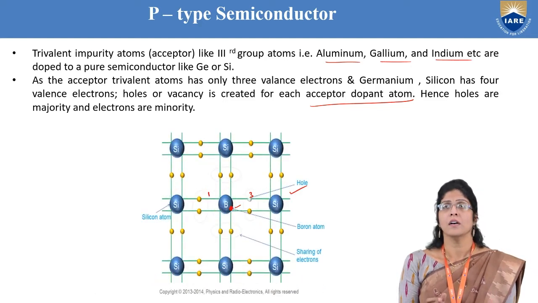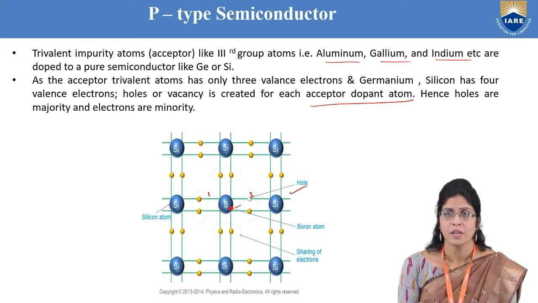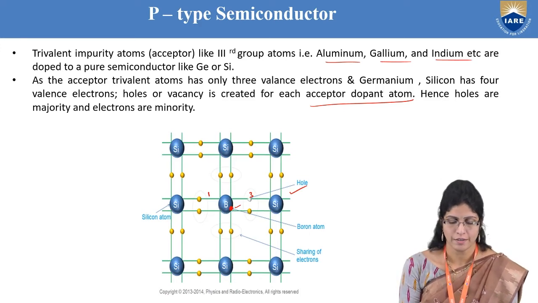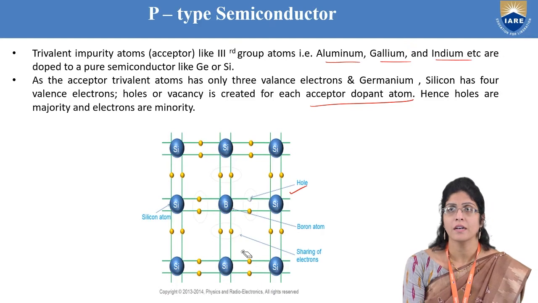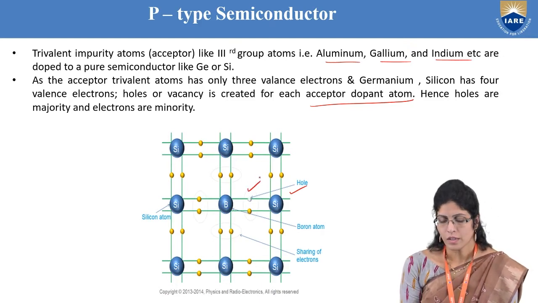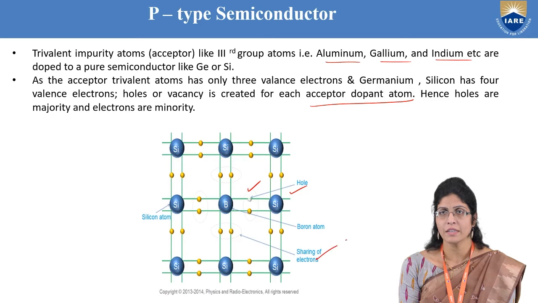This is the two-dimensional picture where boron is taken here. You can see a hole being formed as a vacant site, and the sharing of the electrons with the neighboring lattice is also given here.